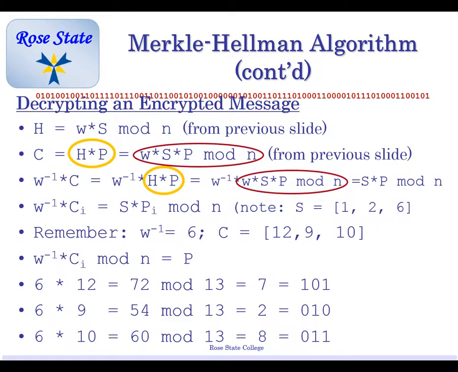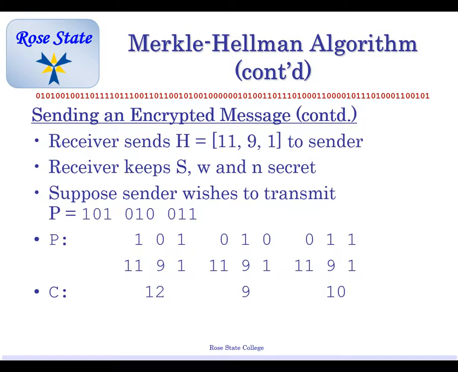Okay. So, if you remember from the prior slides, our ciphertext ended up being our hard knapsack times our plain text. And I'm going to show you what that was. That was right there. Remember, our hard knapsack was 11, 9, and 1. Our plain text was 1, 0, and 1.